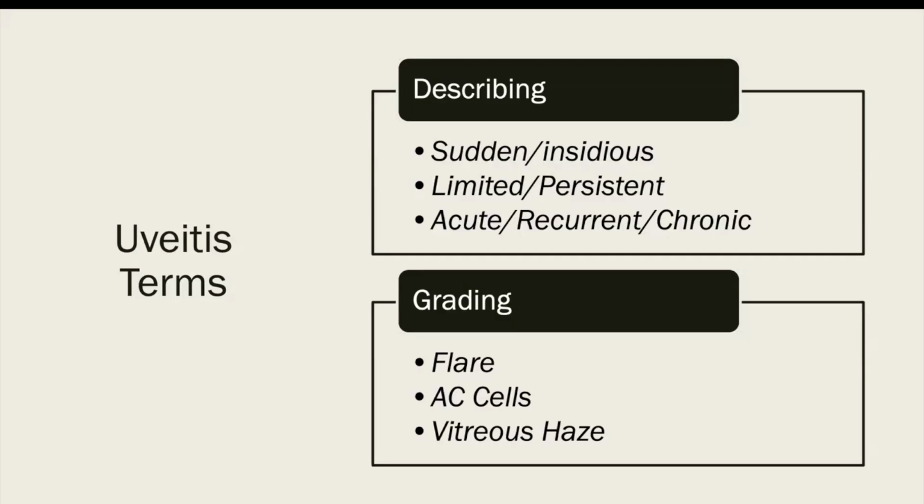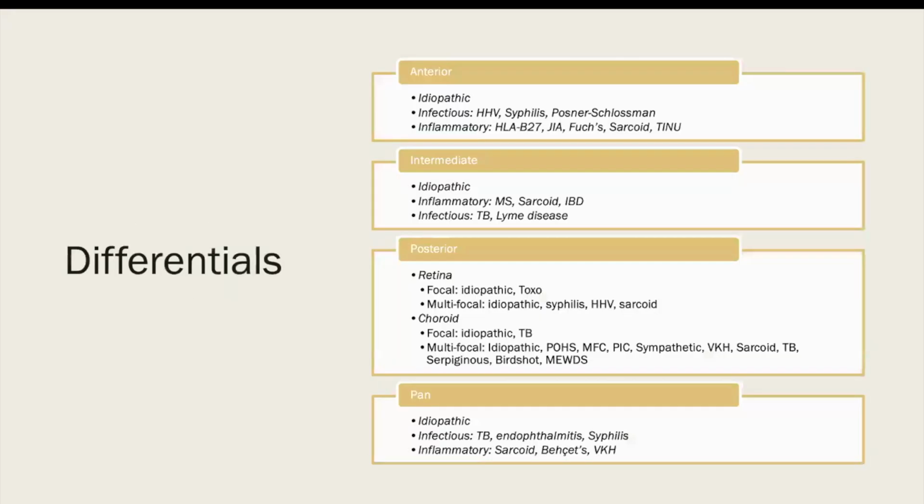With flare, you're thinking, is there no flare at all, or is it so intense that you can barely even see the iris? For AC cells, is there the odd trace cell, or are there over 50 within that 1 by 1 mm square? And with vitreous haze, again, is there none at all, all the way through to not even being able to see the optic disc through the haze? So there are different ways to grade uveitis.